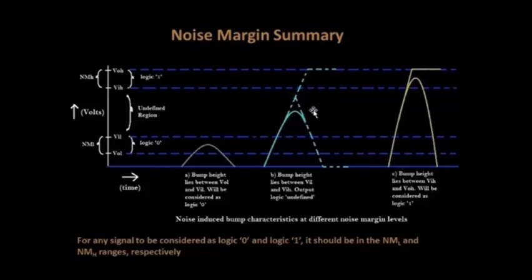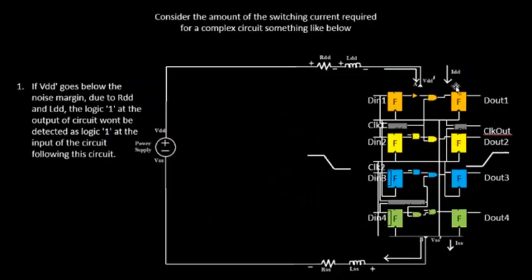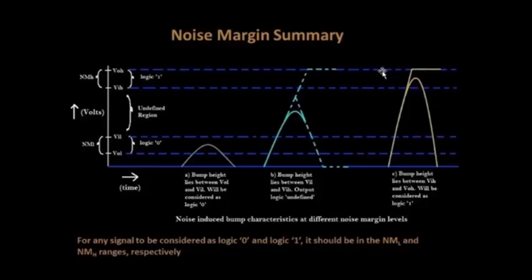Whenever this is the scenario, it's a danger case. Whenever a voltage lies between VIH and VOH, it is treated as logic 1. So if the 0.7 volts that we just discussed, this VDD dash, lies in this noise margin area, we are safe.